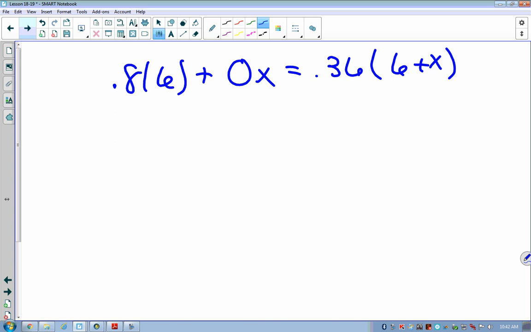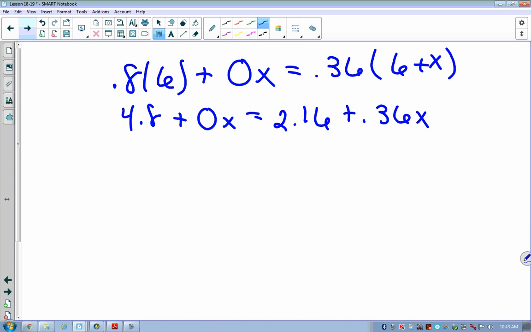Okay, so this is still basically question number 1, except what you have to understand is that you'll still see this question type show up independently because they're talking about water. Pure water is given as a 0%. Okay, so 0.8 times 6 should be what? 4.8, okay, plus 0x, okay, 0.36 times 6, 2.16, okay, plus 0.36x.